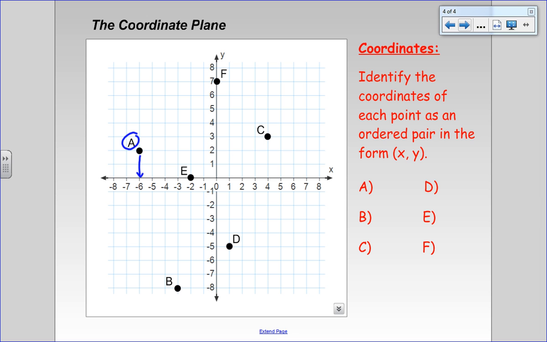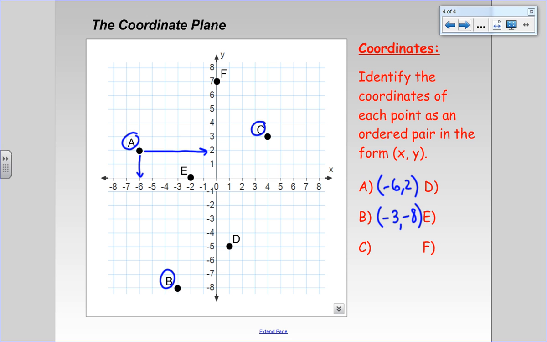It's located at -6 on the x-axis and 2 on the y-axis. Therefore, its coordinates are (-6, 2). Point B is located at -3 on the x-axis and -8 on the y-axis.